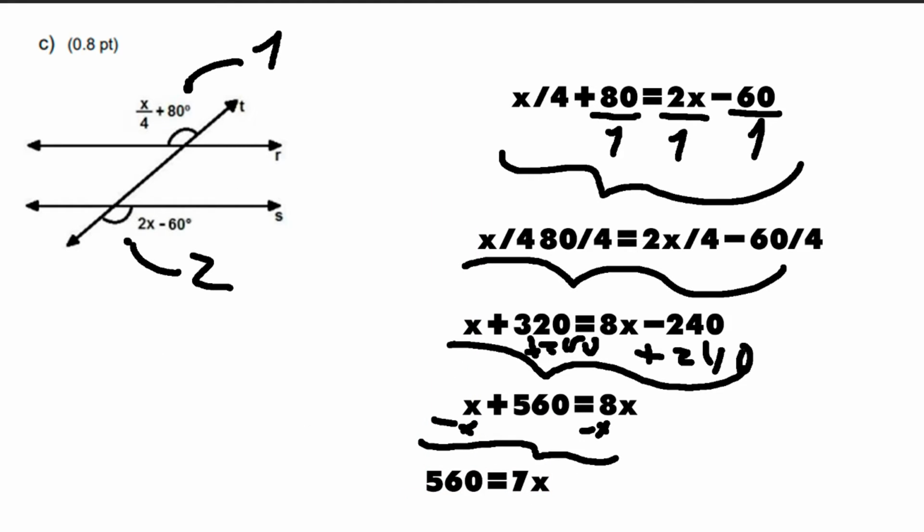Now the final step, now it's the time. We just have to divide 560 by 7x, which is equal to 80. And that's our final number, our final answer.